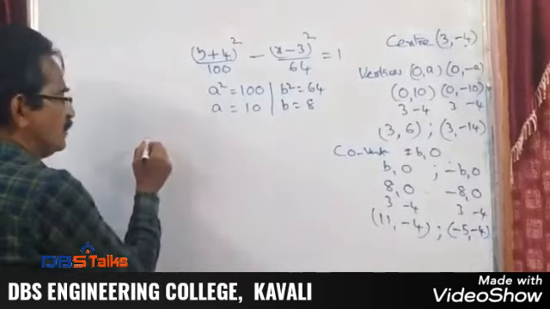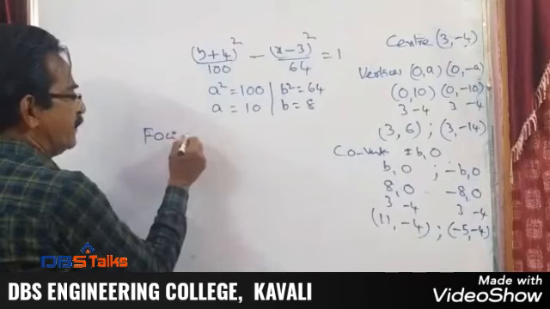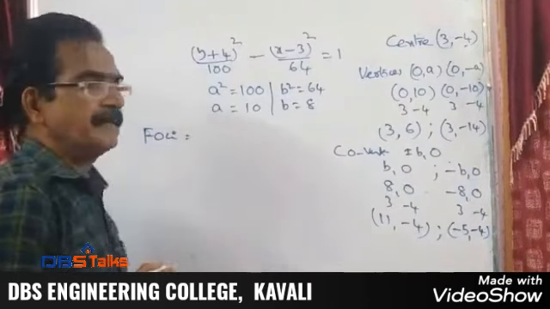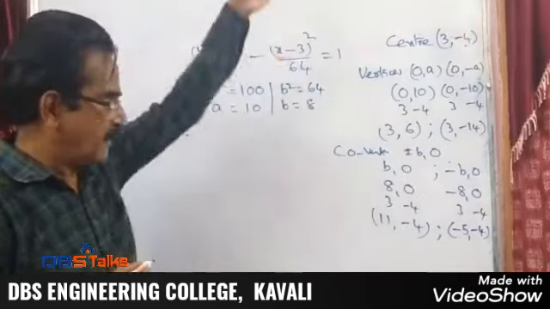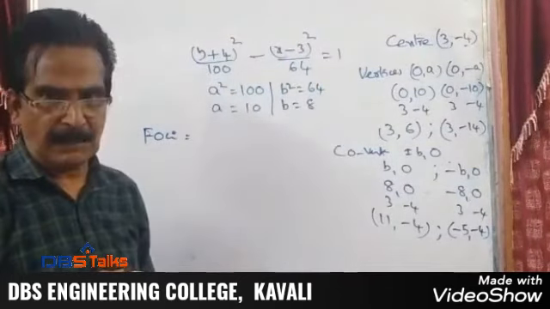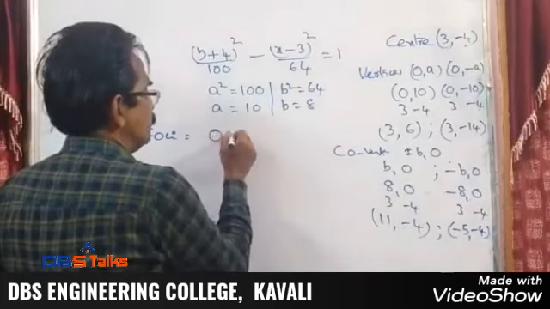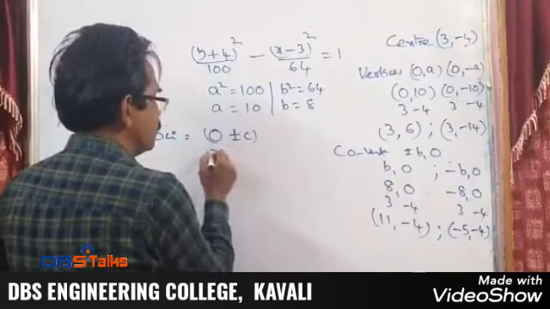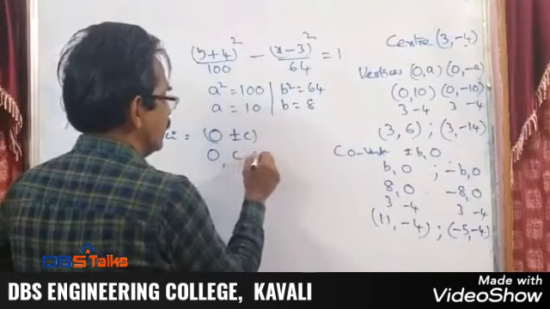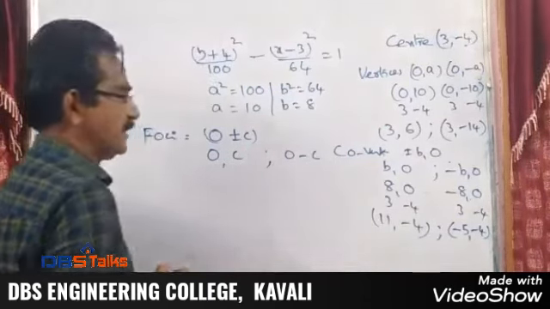Next, foci. Foci, friends, you know, for the normal standard hyperbola are 0 plus or minus c because it is a vertical hyperbola, that is 0 comma c and 0 comma minus c. Now what is c?